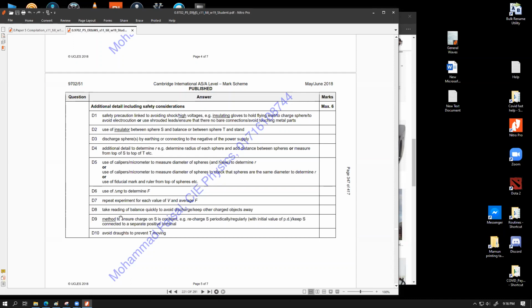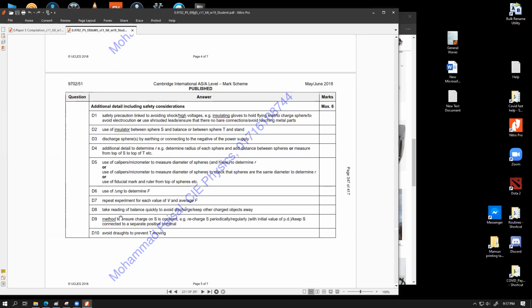That's what they mean over here, that we should measure the F quickly after doing the voltage connection. And also, we should preferably keep other charged objects away, which means nearby objects which can produce a charge effect should be kept further away from this experimental setup, so that you do not have an external variable added that you don't know about or cannot measure, which is pretty unlikely for a laboratory.